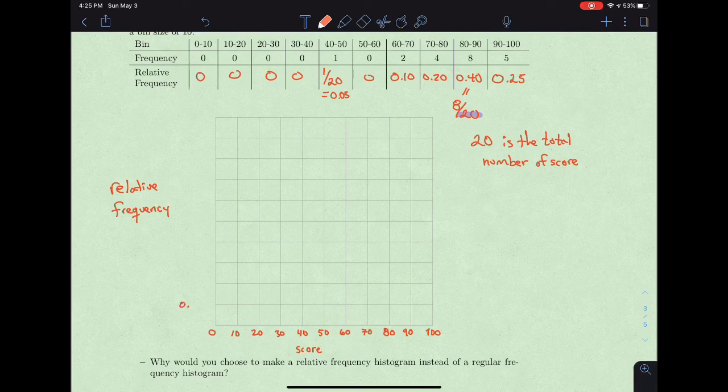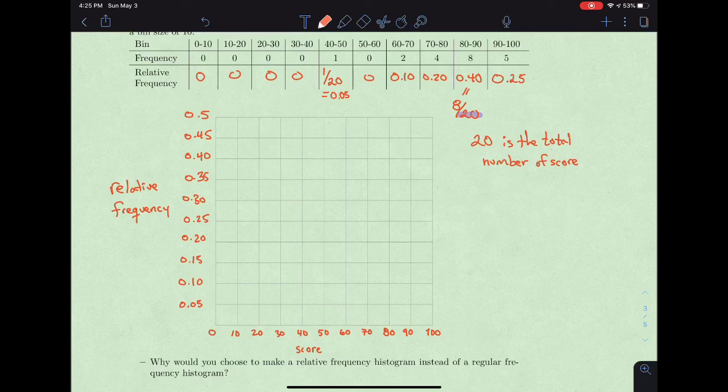So if we go up by 0.05s, we can accomplish that. And so we have plenty of room. And then the same rules apply.